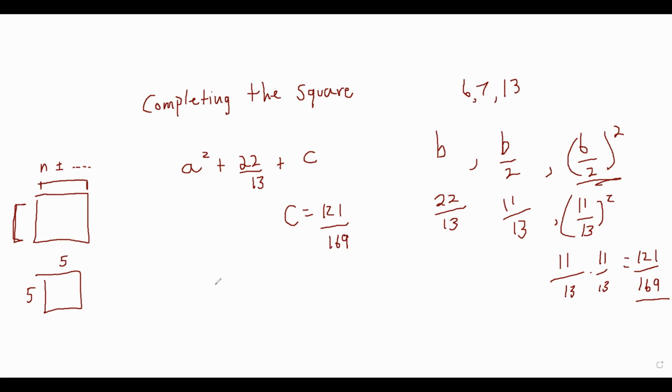And then if we wanted to rewrite it, which is extra credit, you're going above and beyond, we would write it as 11 over 13 squared. Because it's a square, and we're rewriting it as such. So there we have it. Okay, and the last one. So that was number 7.